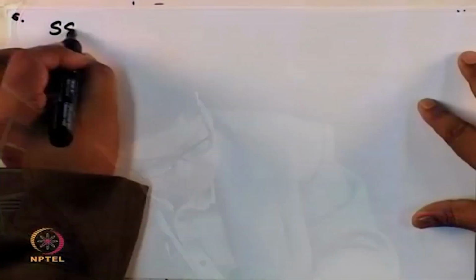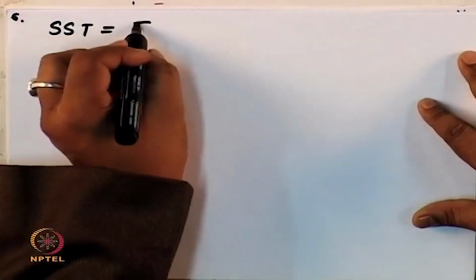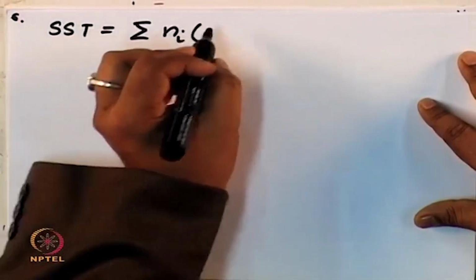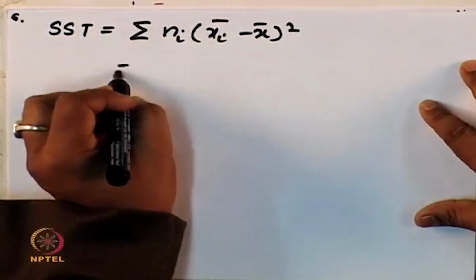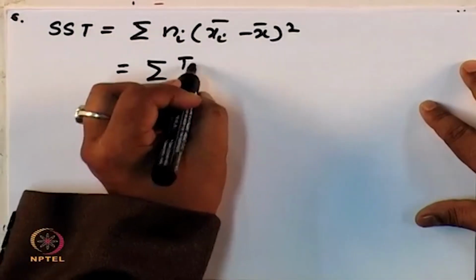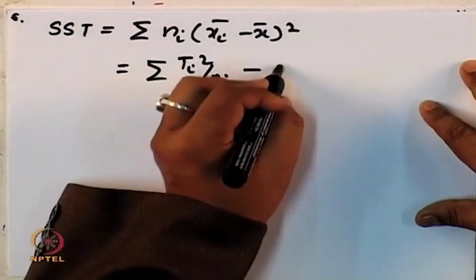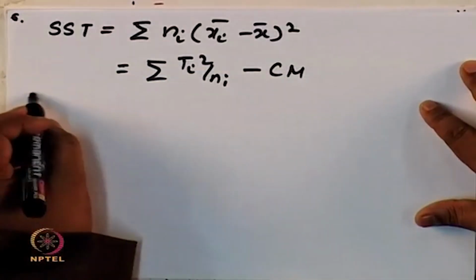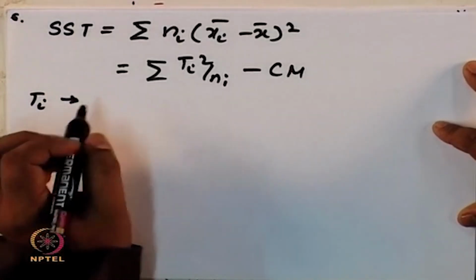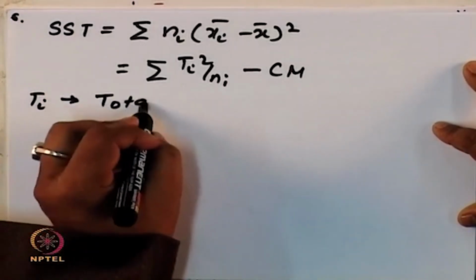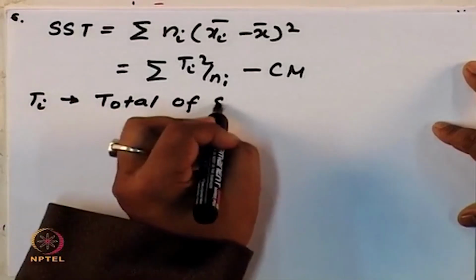So, you can compute, okay, you can compute SST as, and this can be expanded to be written as summation of Ti square by ni minus Cm, okay, where Ti corresponds to total of sample i.